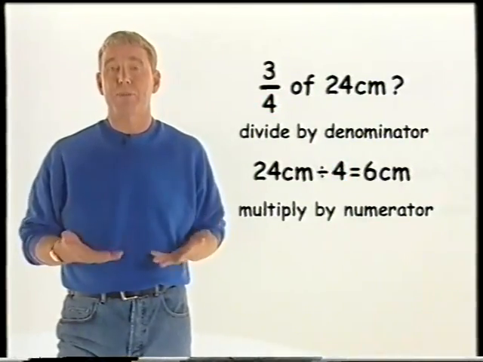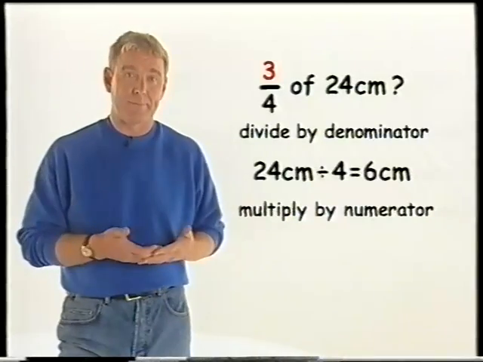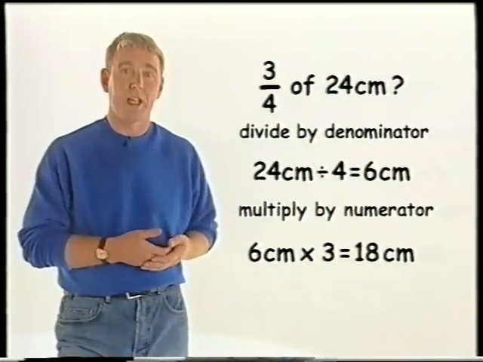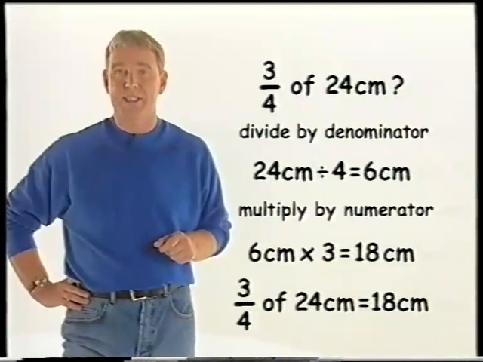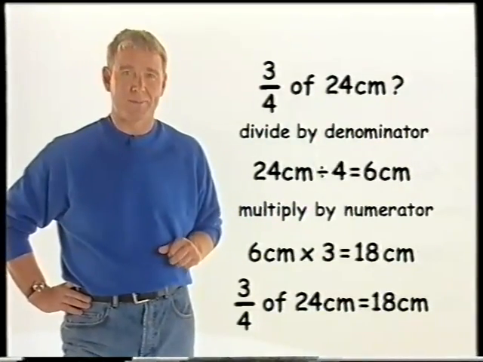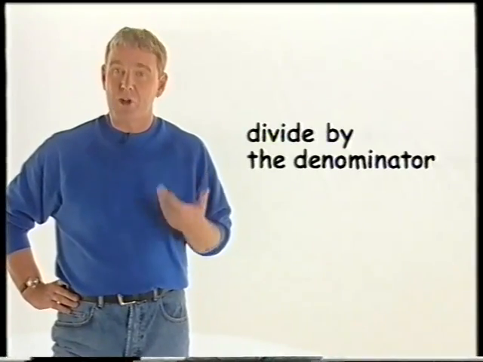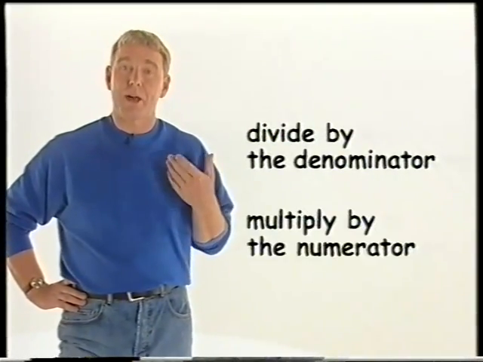Then multiply the answer by the numerator, that's 3. 6 centimetres times 3 is 18 centimetres. So 3/4 of 24 centimetres is 18 centimetres. So to find the fraction of a quantity, divide by the denominator and then multiply by the numerator.